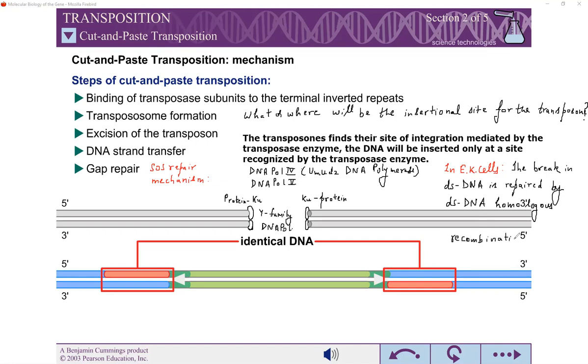This is the model that is going to be used, and this is how the process is going to occur. This takes place in eukaryotes, and the other takes place in prokaryotes.